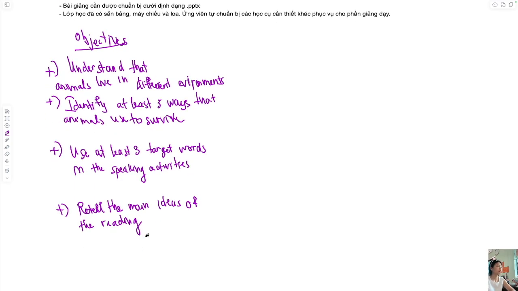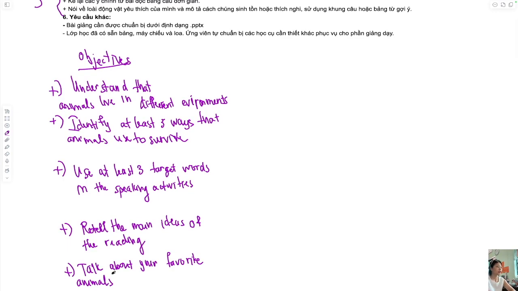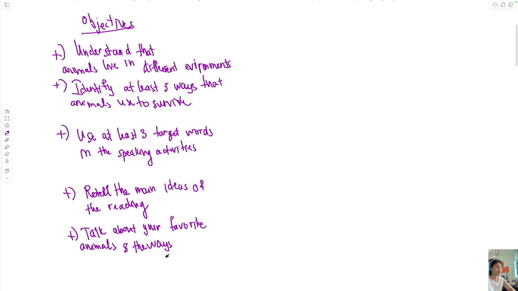And the last one is talk about your favorite animals and describe the way it survived in its environment and the ways it survived.